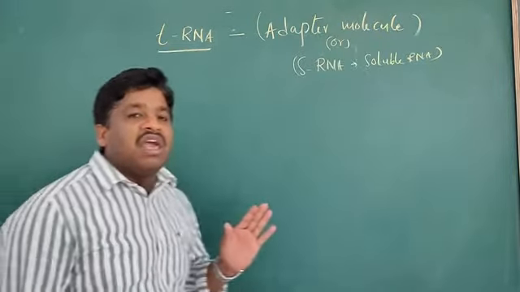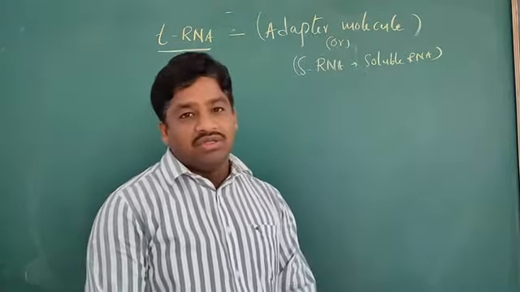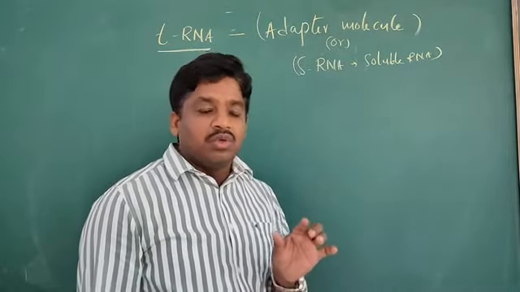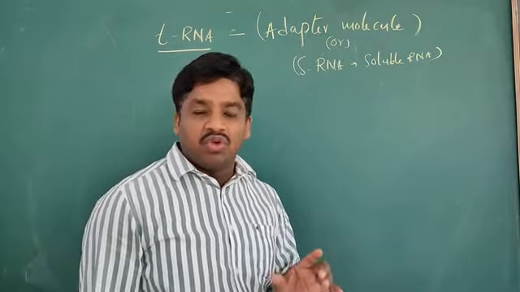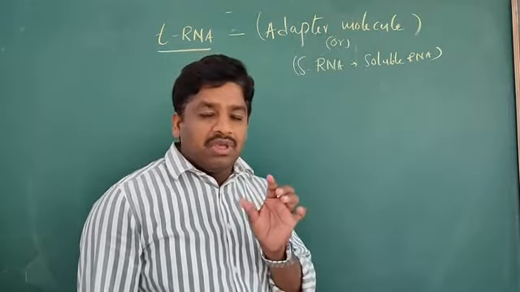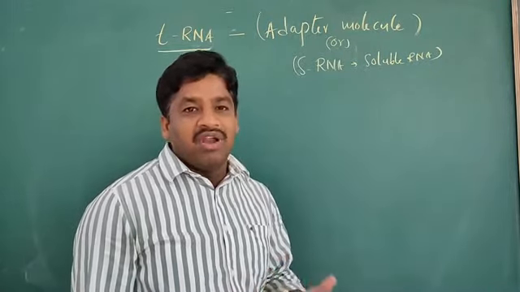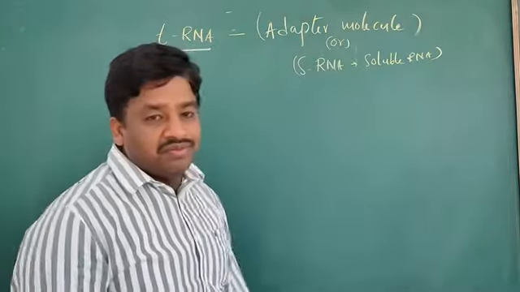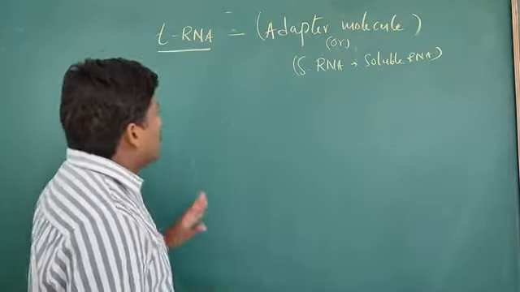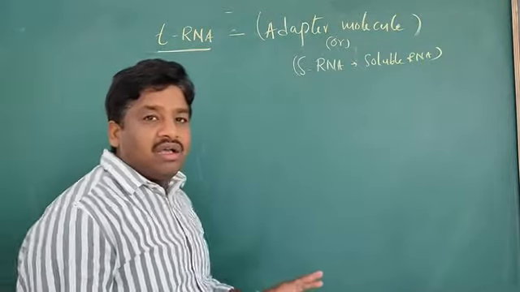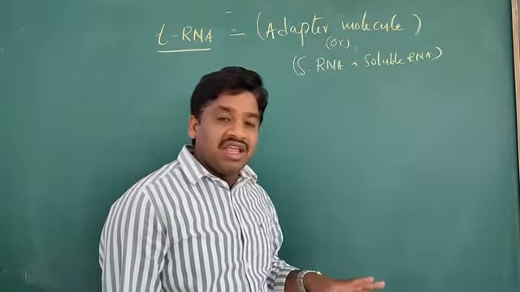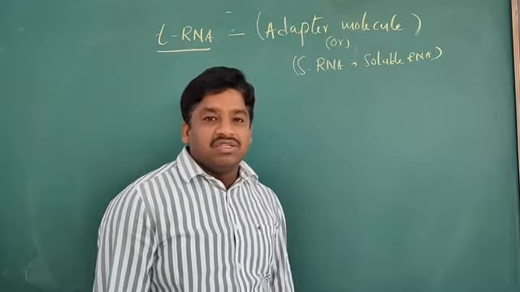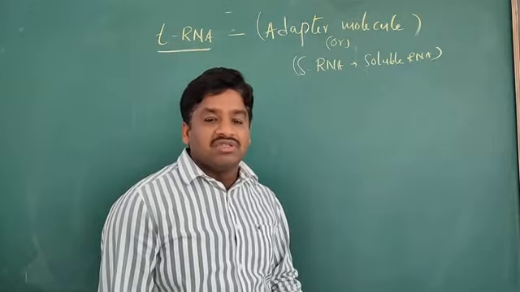Because this tRNA reads the genetic code. It reads the genetic code, the nitrogen bases we call a codon. This codon belongs to an amino acid, so it can be read by this tRNA. The tRNA's main function is also to bind the amino acid during the translation process.